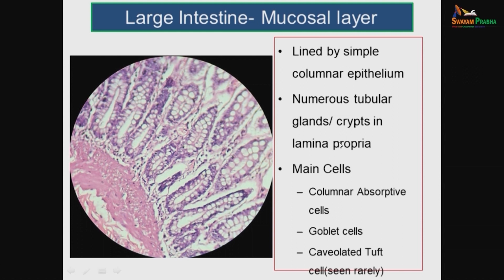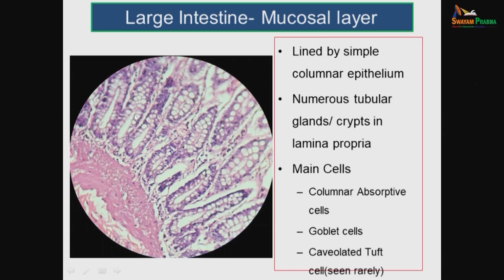Whenever we take the section and process it, the mucous secretions are all emptied away because of the processing, so they appear empty. Now, if we want the goblet cells with the mucous secretion to be visible in the microscope, we need to do a special stain which will take up the mucus.